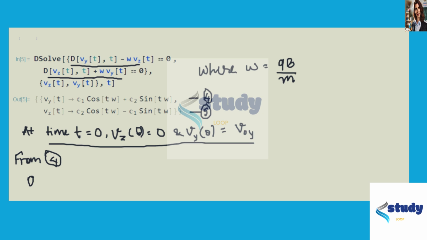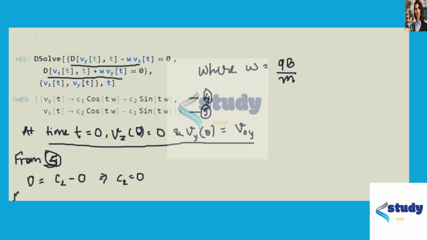From equation 5, 0 equals c2 times cos 0, which is 1, minus c1 times sine 0, which is also 0. This gives c2 equal to 0 from equation 5.